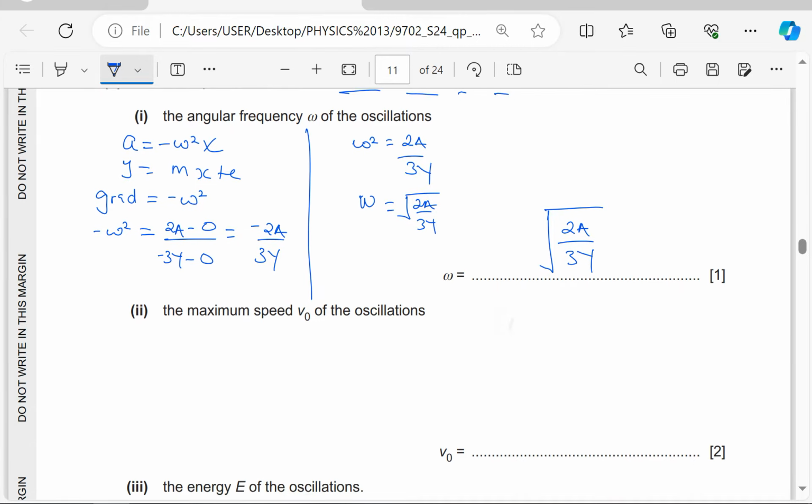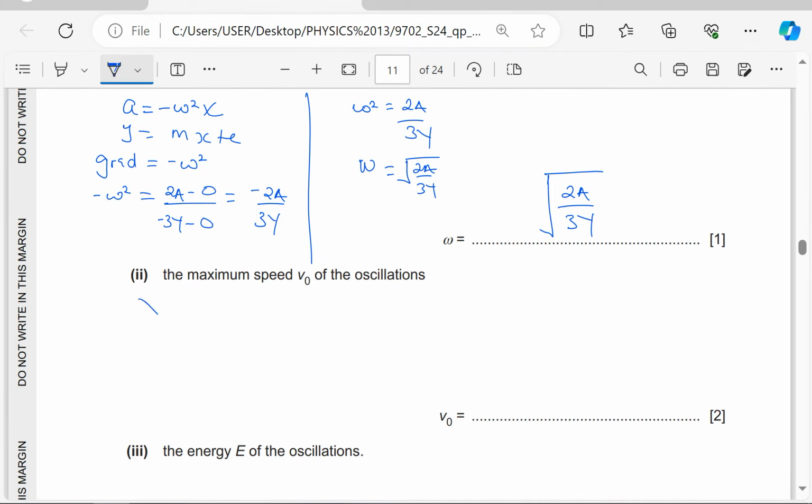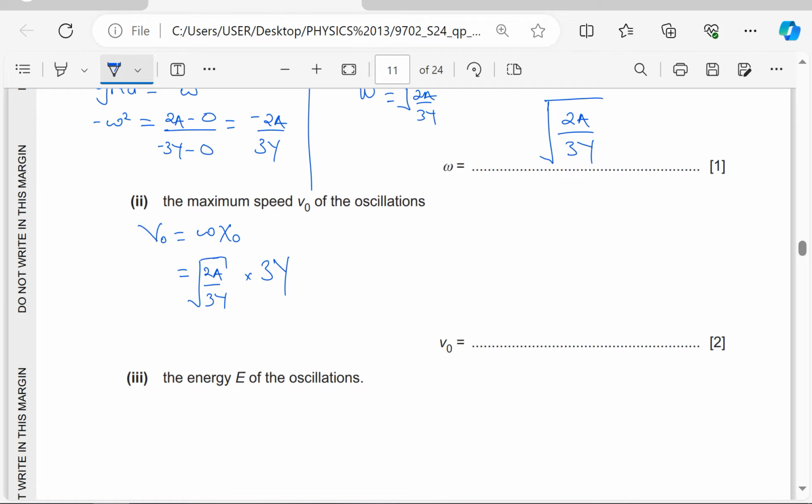Then the maximum speed v naught. From our knowledge from class, we know that v naught is omega times x naught. So this is going to be the square root of 2a over 3y times the maximum amplitude, which is 3y. To bring this into the brackets, I'm going to square it. So this is going to be the root of 2a over 3y times 3y squared, and bring it into the root.